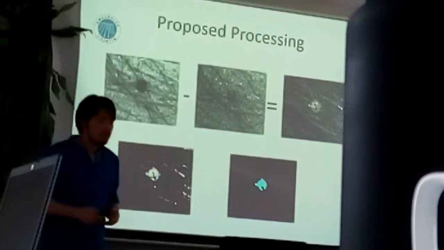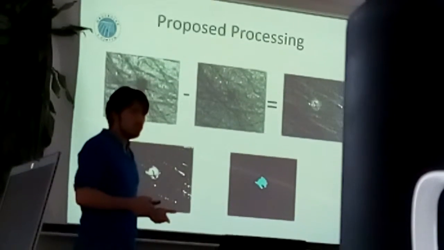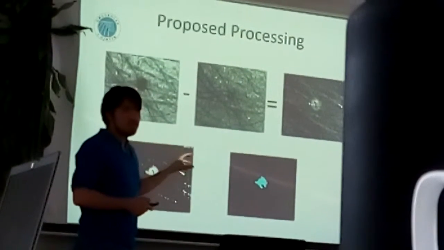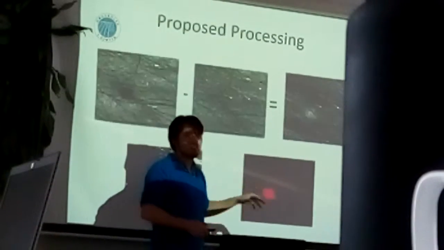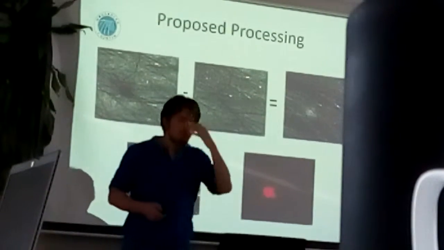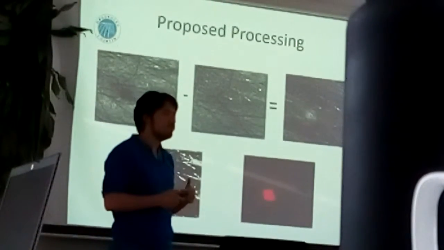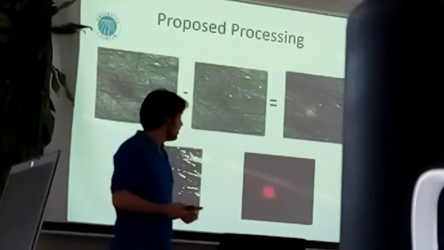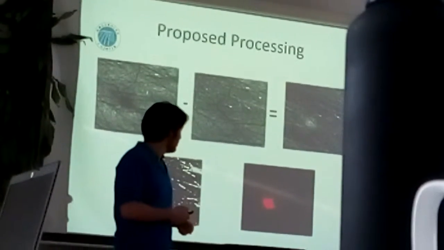So the idea for the next step of this project is, instead of using this as a final segmentation, to use these areas that are already here as seeds for a region growing segmentation method using another hyperspectral channel.